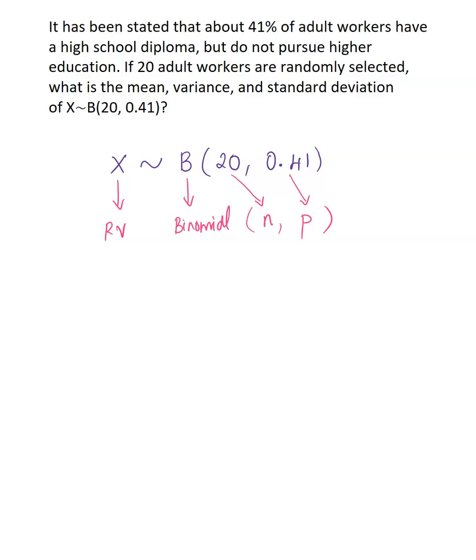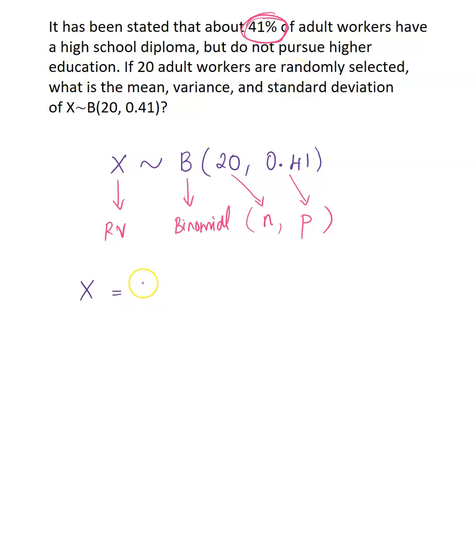And we also have that 41% here, which is your P basically. But let's define what x is actually representing here. X is the random variable, so what is it defined to be? The focus of this problem is that we have adult workers who have a high school diploma but do not pursue higher education.